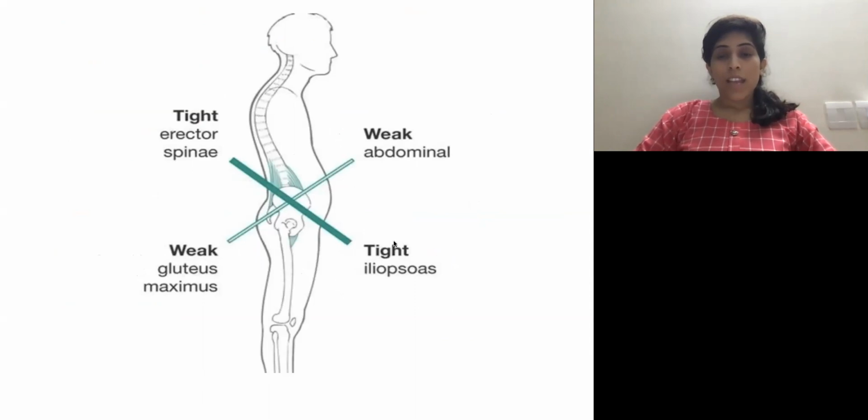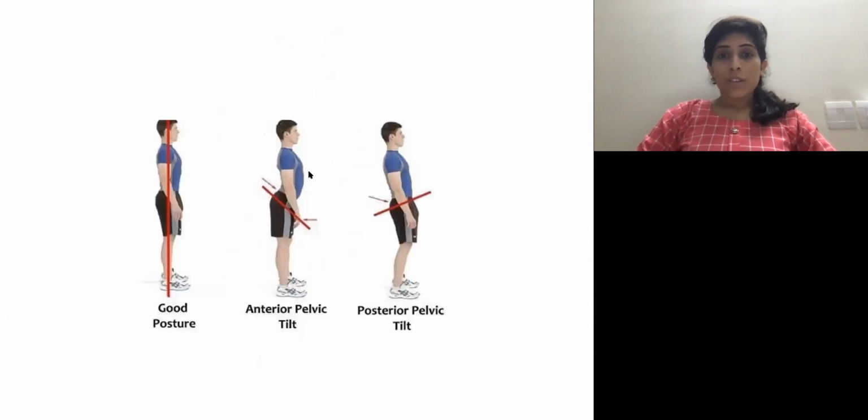So tight iliopsoas, that is the hip flexors, and tight erector spinae, that is the back extensor muscles, will produce this tilting. And on the opposite side, weak gluteus muscles and weak abdominal muscles are responsible for this tilt. So here you can see this is anterior pelvic tilt and this is posterior pelvic tilt. So this is all about the anterior and posterior pelvic tilt.